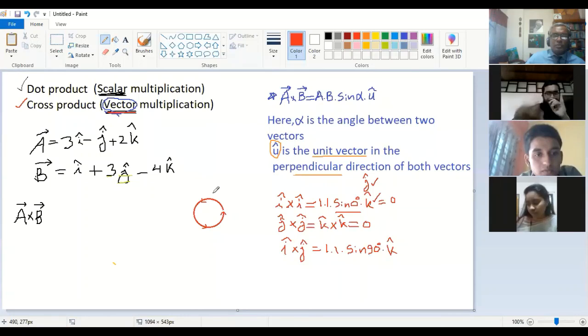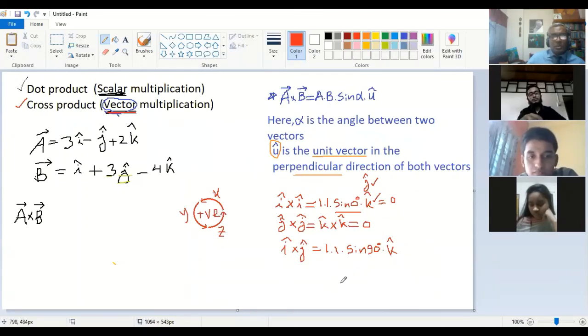If you write x, y, z, or i, j, k, this is plus because the rotation is anti-clockwise.